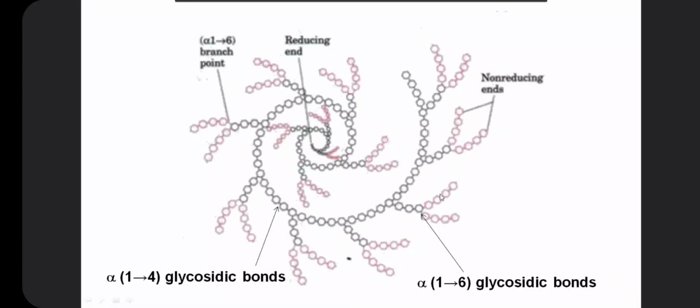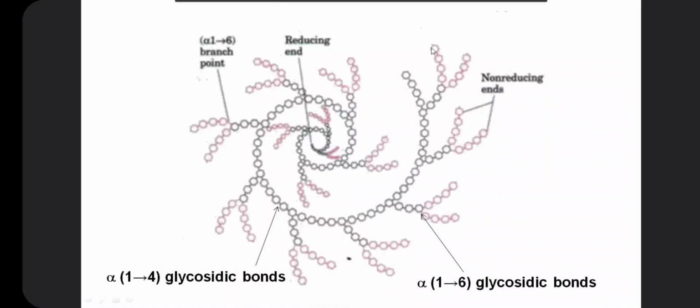And the glucosyl units of the chains are linked by alpha-1,4 glycosidic bonds. But the cross-linking between chains is by alpha-1,6 glycosidic bonds. And the glycogen molecule has only one reducing end, but lots of non-reducing ends. Here is a non-reducing end.